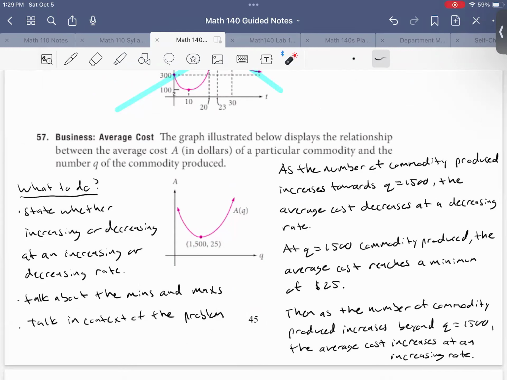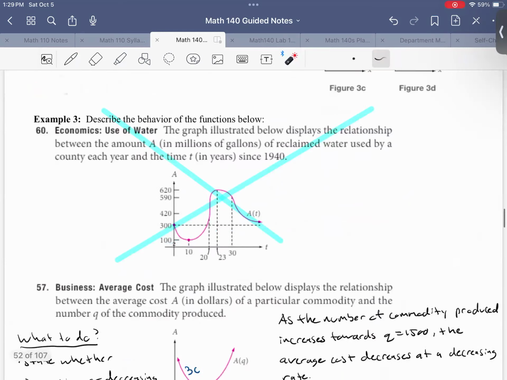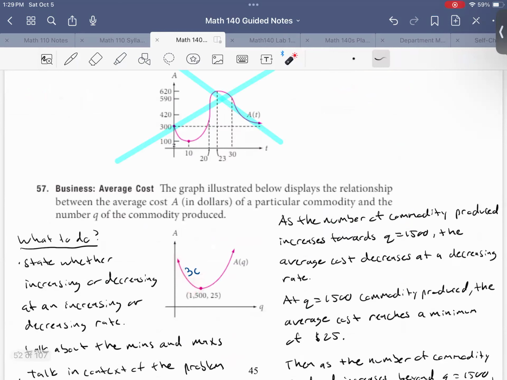So this first statement here, as the number of the commodity produced increases towards 1500, like as we're coming this way, the average cost is decreasing at a decreasing rate because this figure, I don't have any particular numbers, but this little portion looks like 3c to me up here, right? We are decreasing at a decreasing rate.